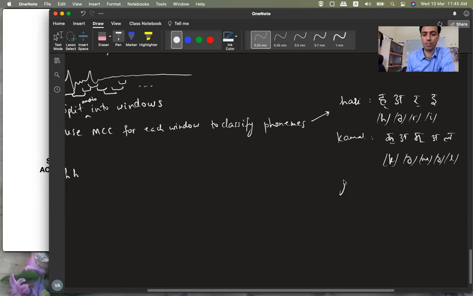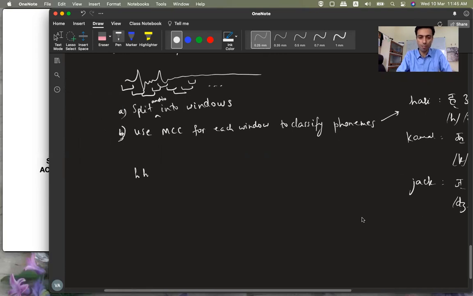If I have a word called Jack, then it will be ja. Actually, Hindi does not have this sound, so I write Jaik. Jack. And in IPA, this is a symbol for the J sound, and this is a symbol for the A sound. This is a symbol for the K sound, Jack. So these are IPA phonemes.